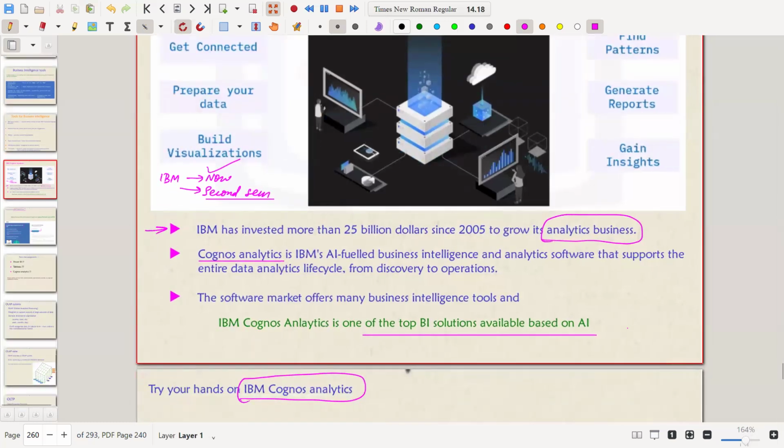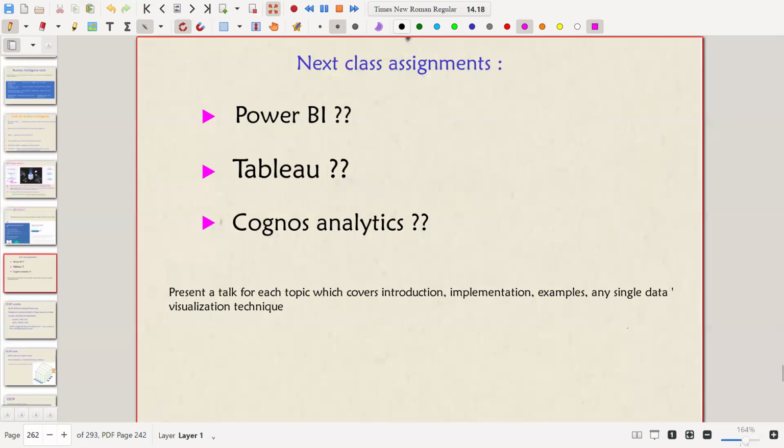Fine. So these were the class assignments given last year. Many students were trying to understand and get hands-on with Power BI, Tableau and Cognos Analytics, and students have done that. They gave an introduction about each of them.